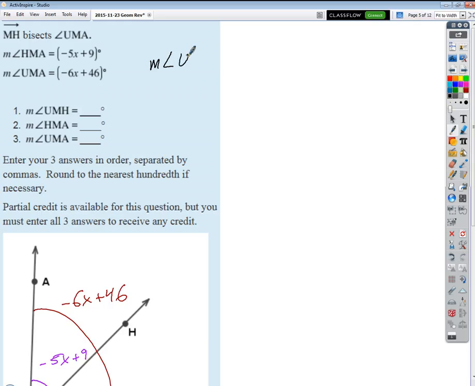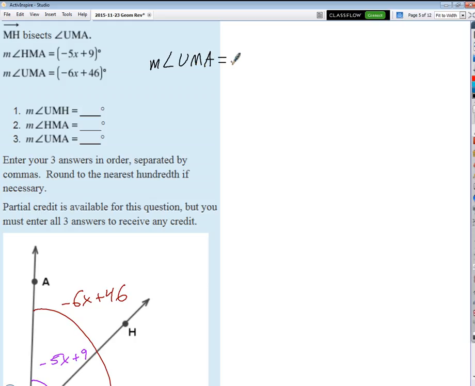The measure of angle UMA equals 2 times the measure of angle HMA, right? Okay, and then we just plug in expressions. So this was the big one, negative 6x plus 46.